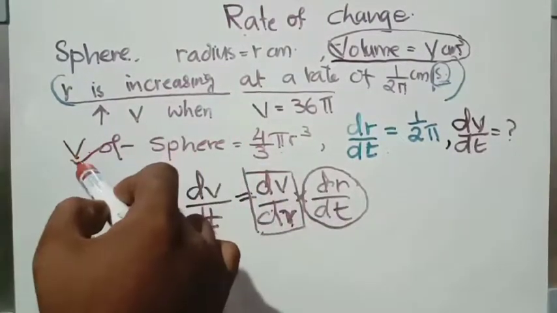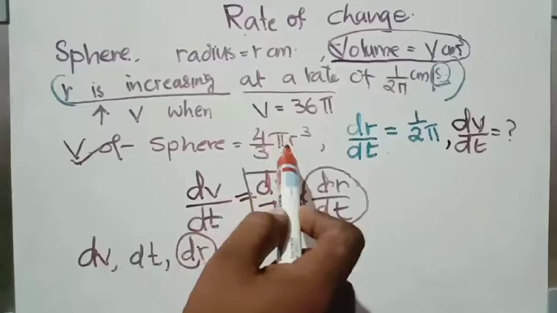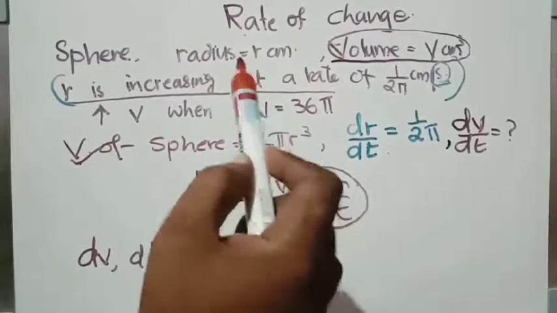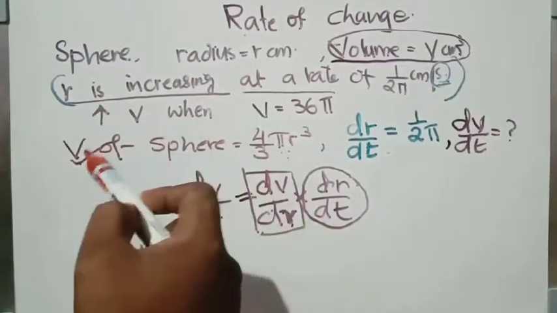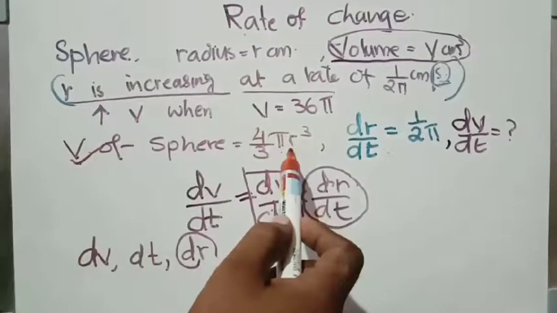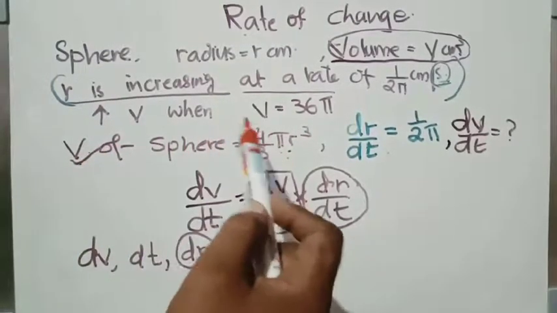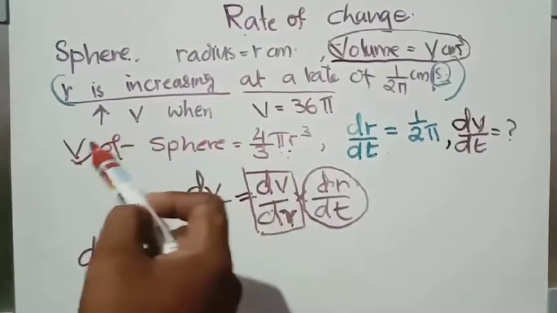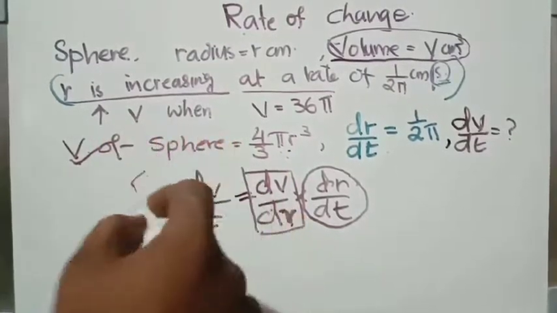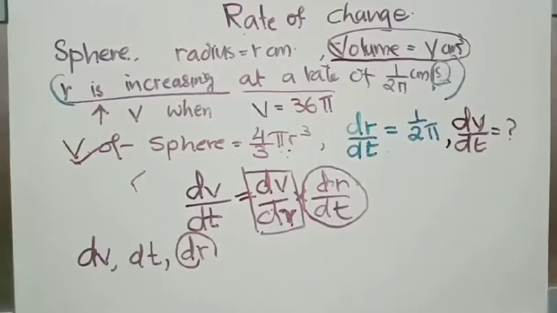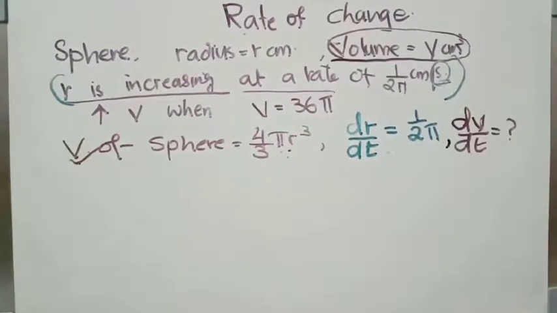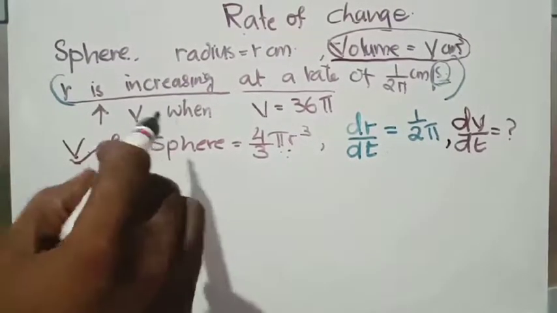See, this is V is equal to 4 by 3 pi R cubed. So if you differentiate it, that means dV with respect to R, that means dV by dR, we get the answer for this. So now our next task is to differentiate the volume with respect to R. So let's find dV by dR.